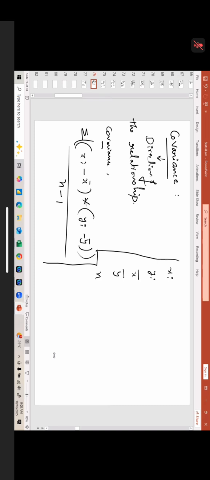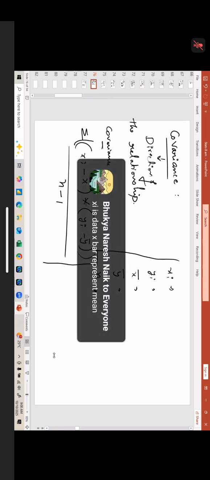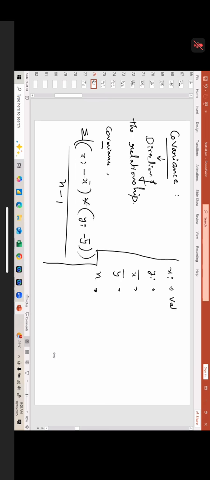This is the formula to calculate covariance. What are these parameters? Xi is nothing but the value of x variable. Yi is nothing but the value of y variable.